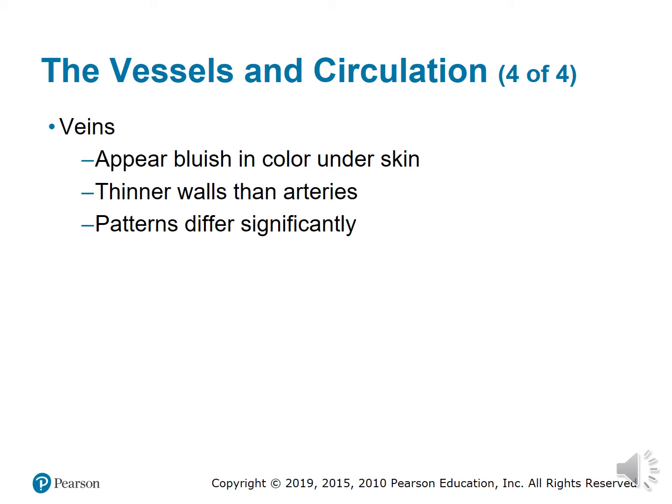Patterns differ significantly. Why do they differ significantly? Once you have a general idea of how they flow, you can map out the veins in an arm just by knowing how they flow or how they lay.